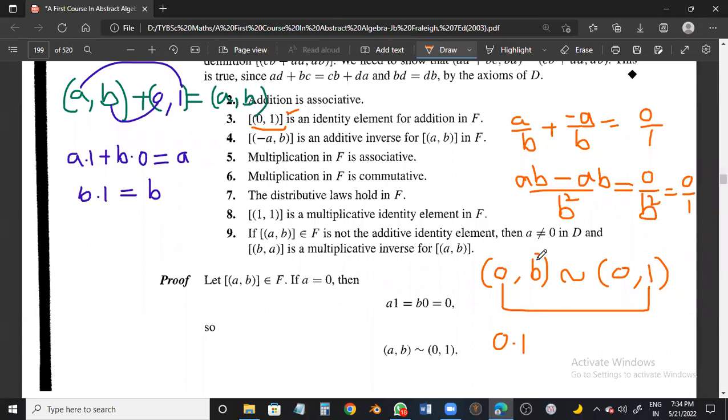This was B square. And the middle entries I multiply, so B square into 0. What is the answer on both sides? 0 into 1 is 0 and B square into 0 is also 0. So did you find the equivalence of these two numbers?